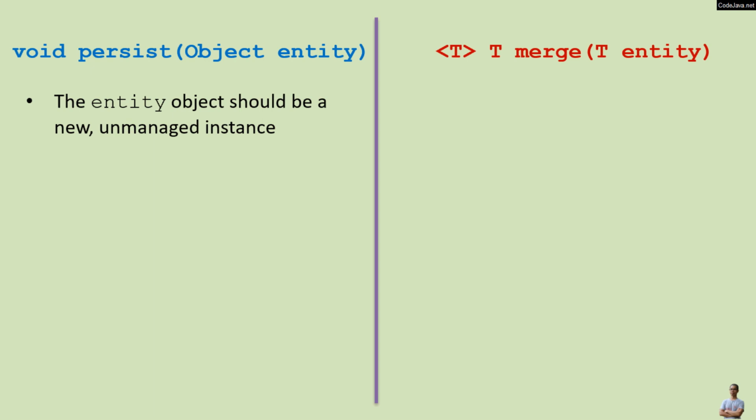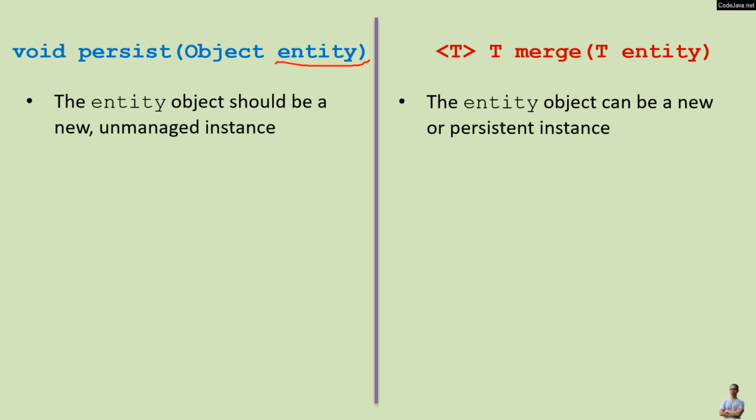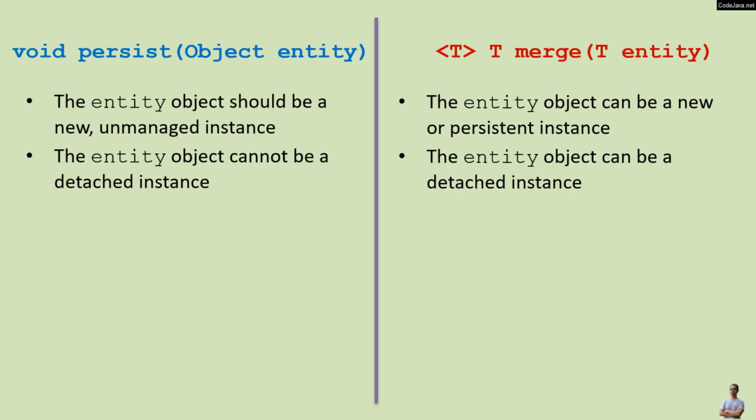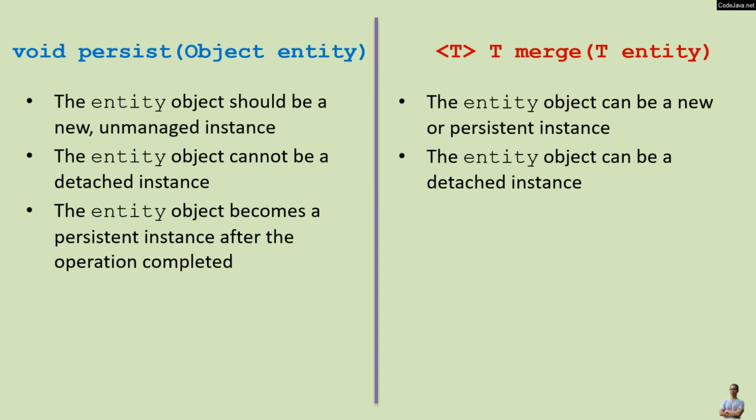Okay, so to summarize, for the persist operation, the entity object should be a new or unmanaged instance, whereas with the merge operation, the entity object can be a new or persistent instance. The entity object cannot be a detached instance in case of the persist operation, and in case of the merge operation, the entity object can be a detached instance.